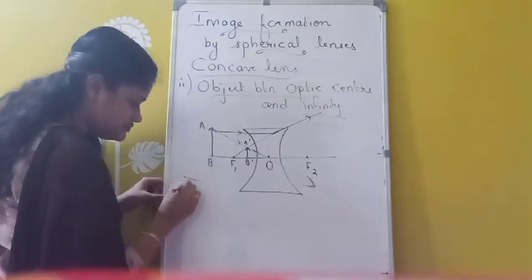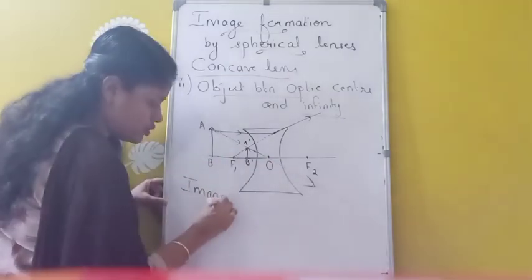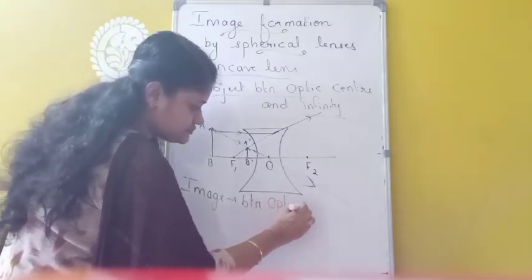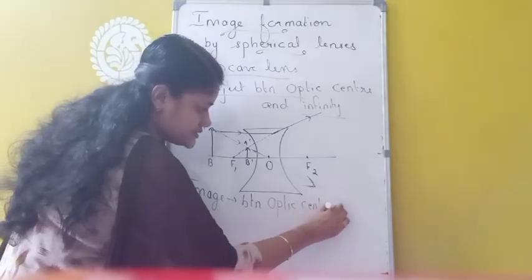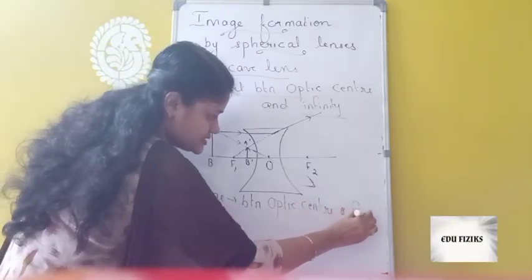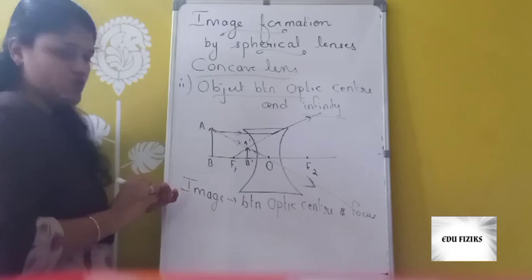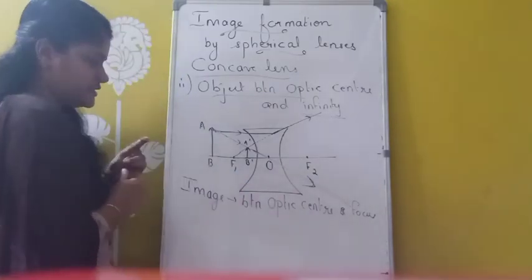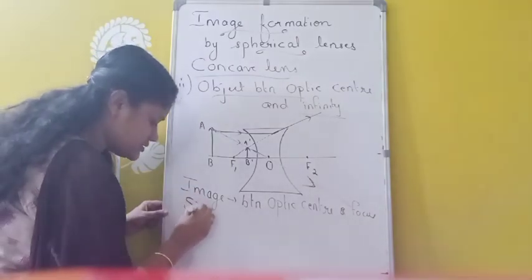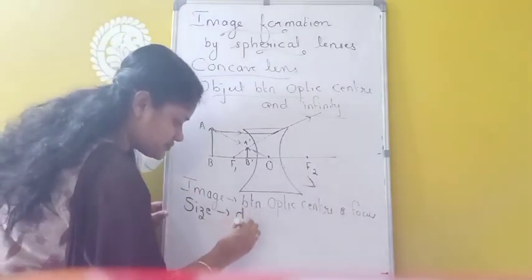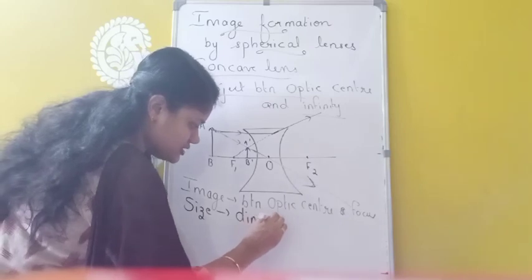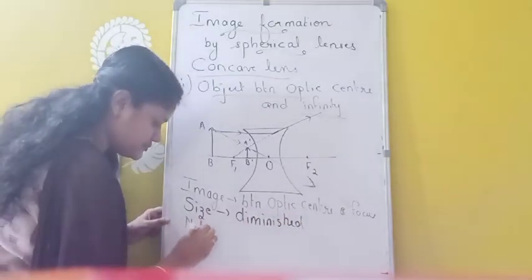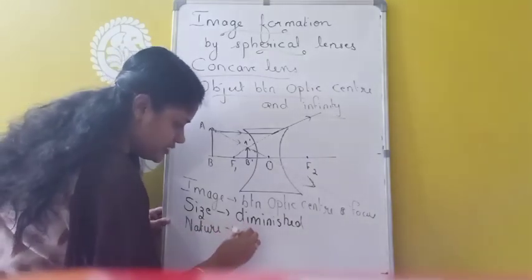So image is formed between optic center and focus, in the same side of the object. Then what is the size of the image? Diminished. Size is diminished. And what is the nature of the image? Virtual and erect.